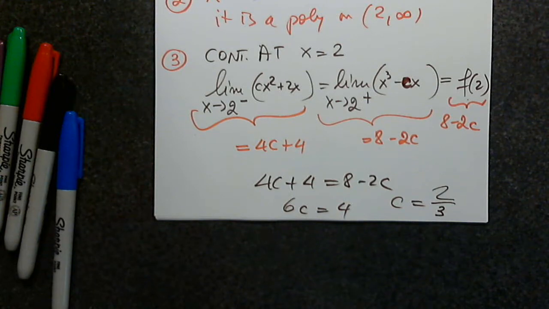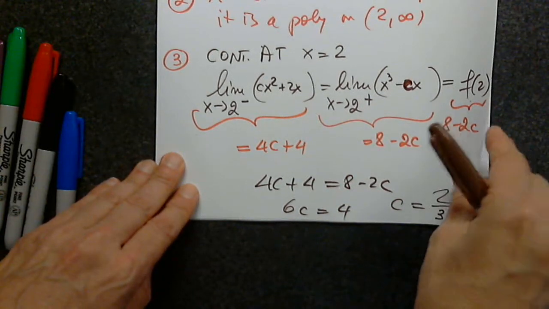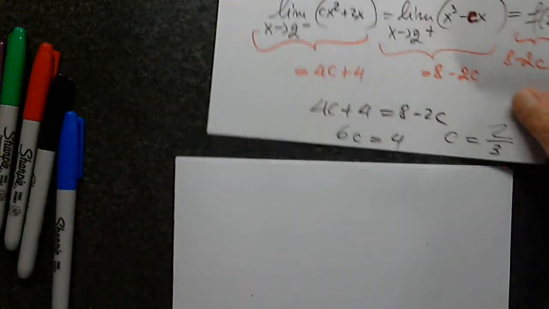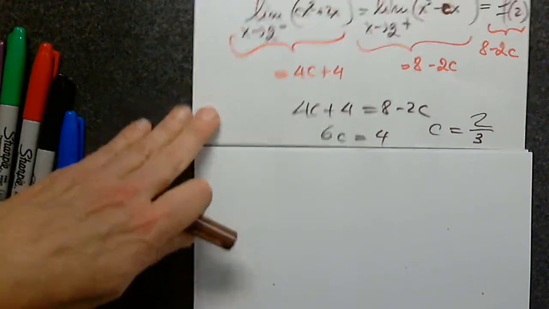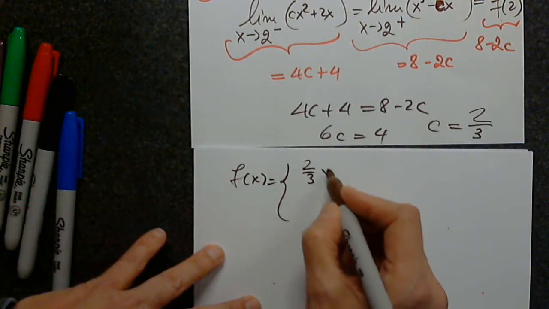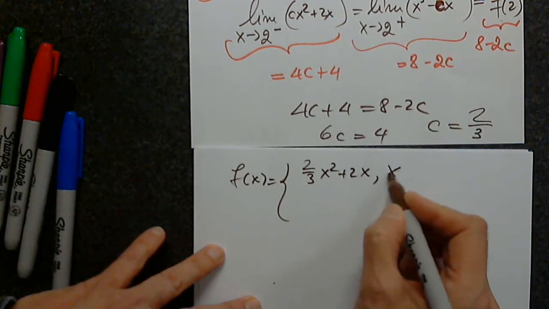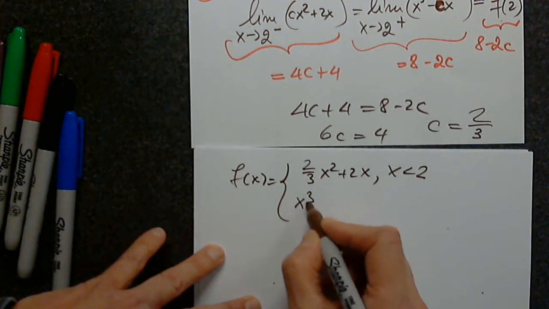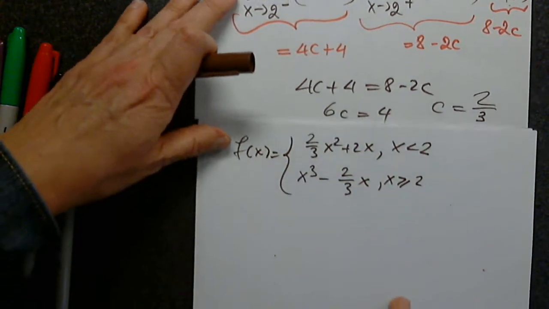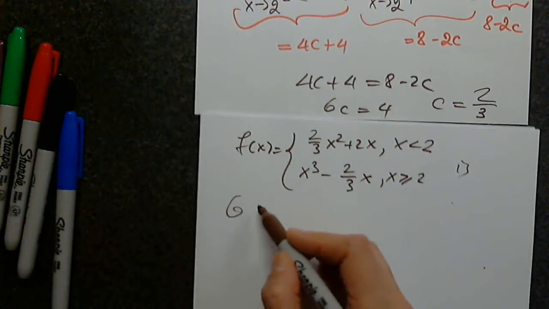I have to go back to the function and put it in. And now I will say that f of x equals 2/3 x squared plus 2x for x less than 2 and x cubed minus 2/3 x for x greater than or equal to 2 is guaranteed.